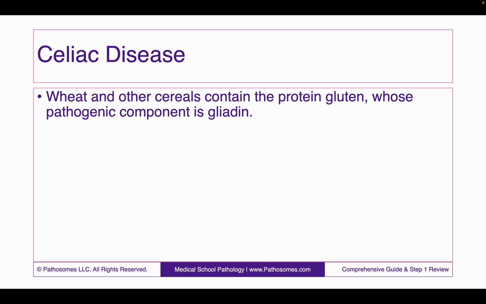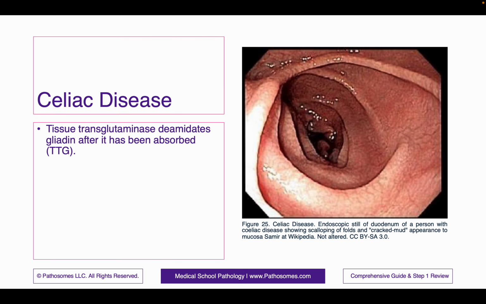Wheat and other cereals containing the protein gluten, whose pathogenic component is gliadin, is responsible for celiac disease. And here, for you future gastroenterologists, you can see on endoscopy the duodenum from a person with celiac disease. Note this scalloping of folds and the cracked mud appearance.